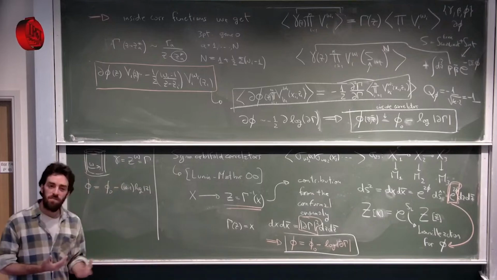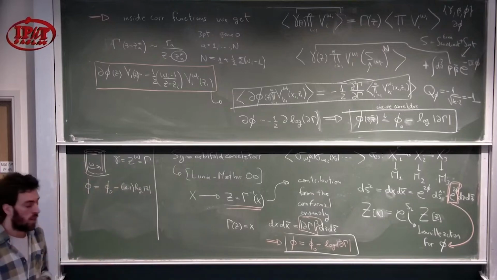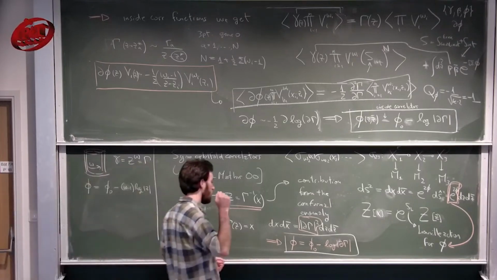Can you probe how local it is, for example, in this phi?